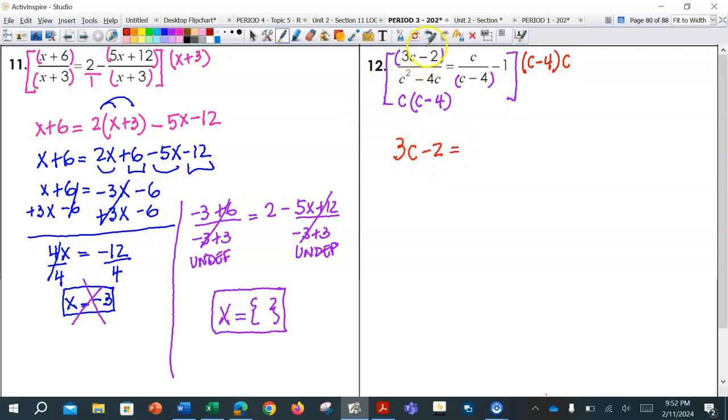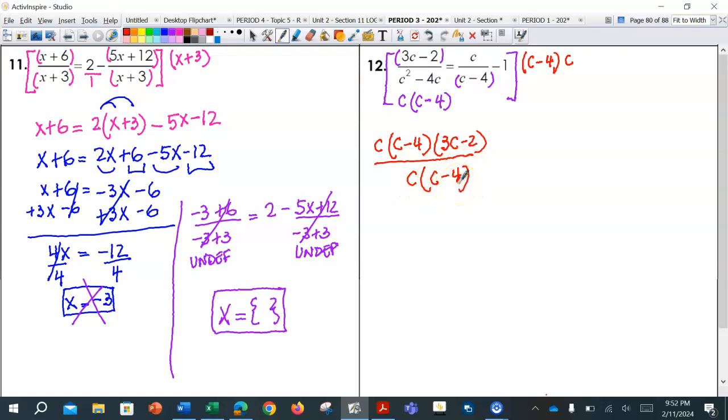And I will do something because maybe you are asking how that is possible. So look at this. What I'm going to do is distribute this, right? I would say c minus 4 times 3c minus 2, and this is over c minus 4, right?